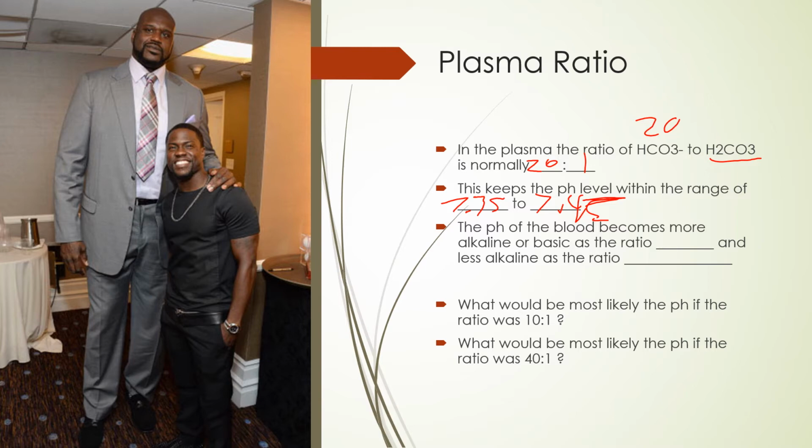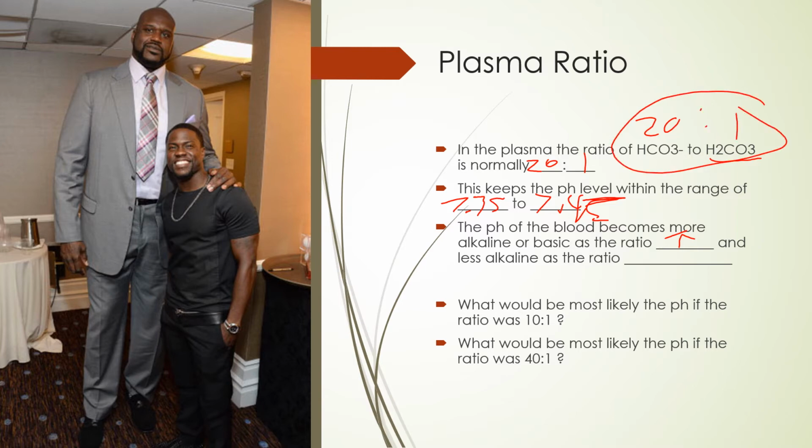As the pH of the blood becomes more alkaline or basic, the ratio increases. What do I mean by that? In this normal relationship, we have 20 of bicarb to 1 of acid.